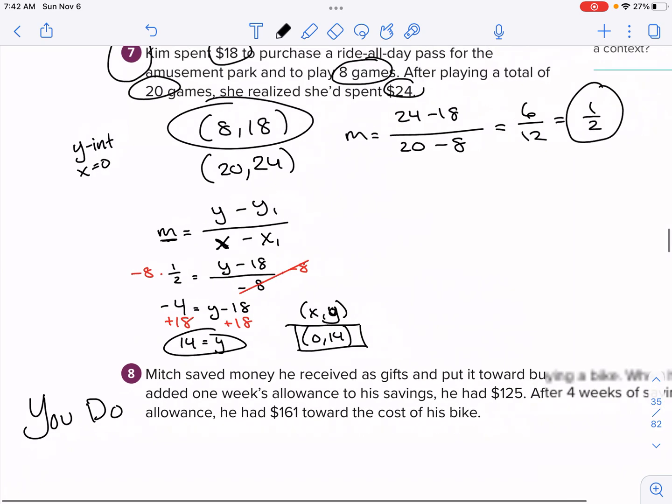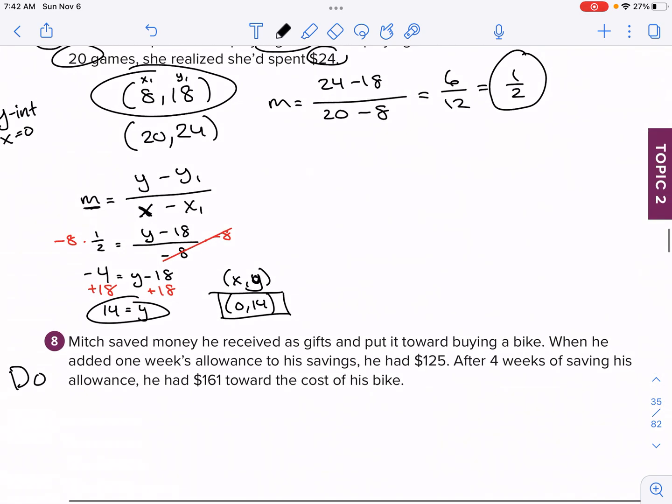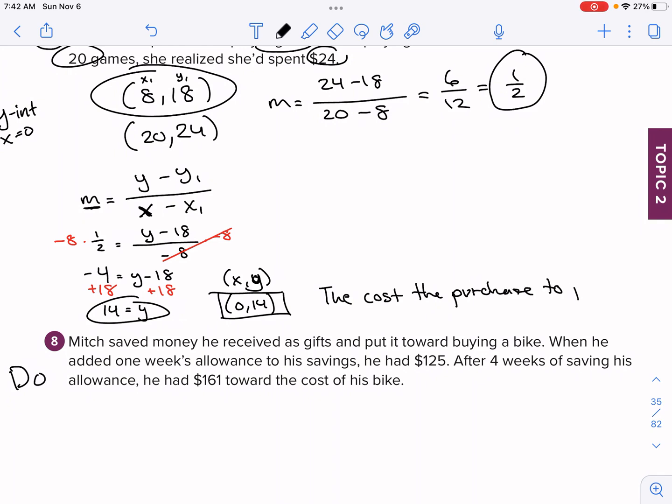But we don't want to leave out the meaning of this, so let's write it explicitly. The cost to purchase the pass, to enter the amusement park, and play games is $14.